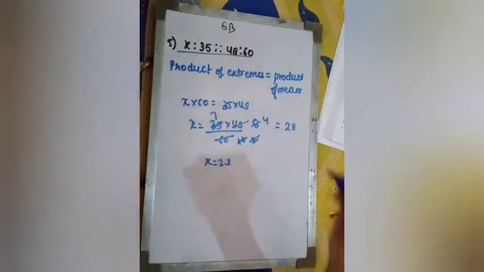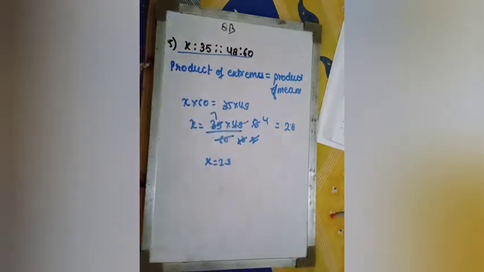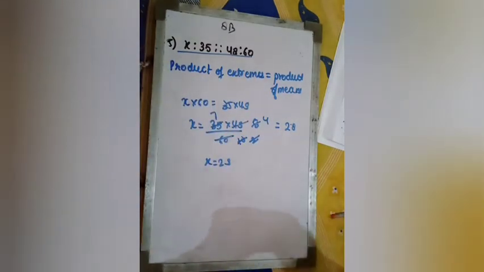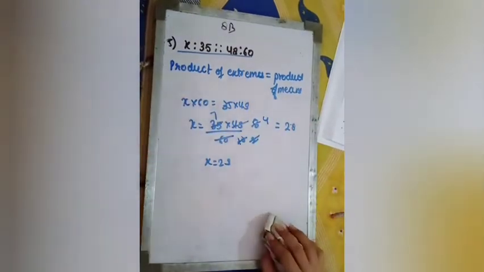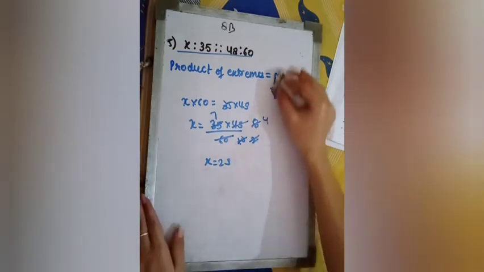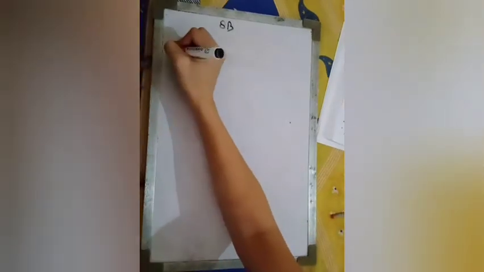Whenever you have to find the value of x in a proportion, use this formula, product of extremes equal to product of means. Every question in this proportion chapter will be solved by this formula only. This formula is very important. Now the next question is 6.